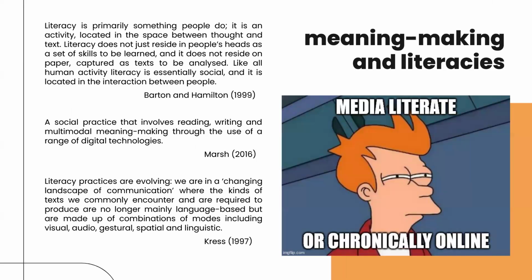Now, there are different definitions of what literacy is. The most basic definition is through its antonym. What is an illiterate person? Who can tell me what an illiterate person is?